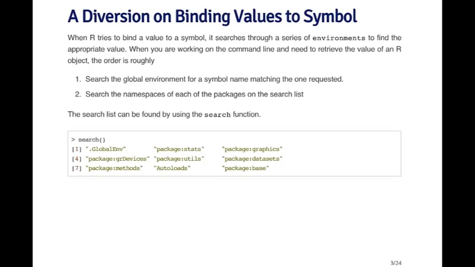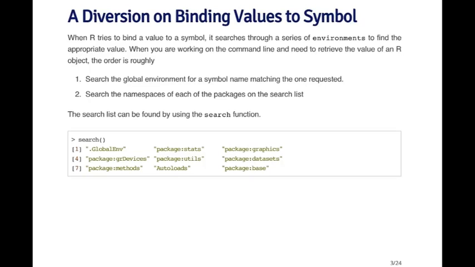If there's no match in the global environment, then R will search the namespaces of each of the packages on the search list. The search list consists of all the R packages that are currently loaded into R. You'll see that there's an order to the search list, and it starts at the first element, which is the global environment. That's always number 1 on the search list.